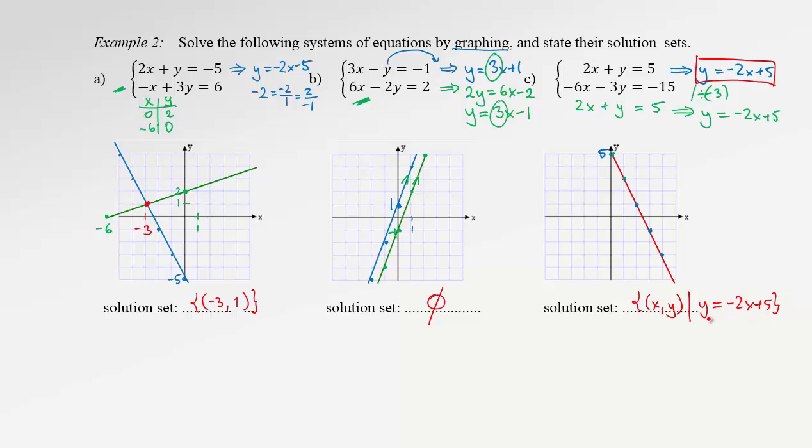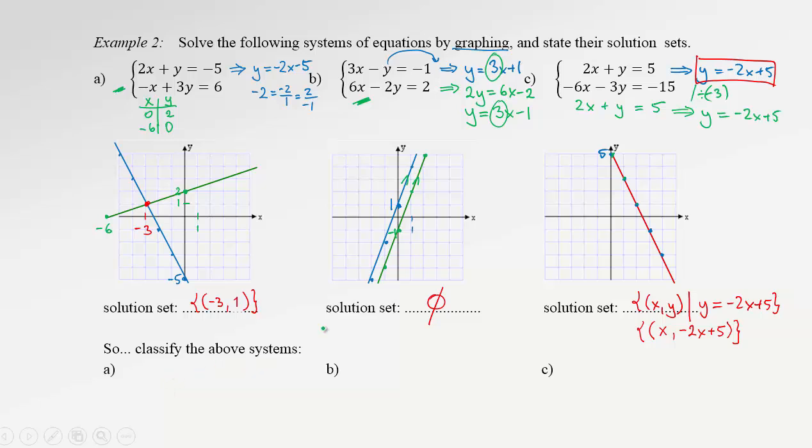Another way of describing the set would be to say we have in mind all ordered pairs such that x is independent, can be anything, but the y variable in terms of x could be written as just negative 2x plus 5, because that's what y was. Okay, so that's another way of describing these infinitely many solutions.